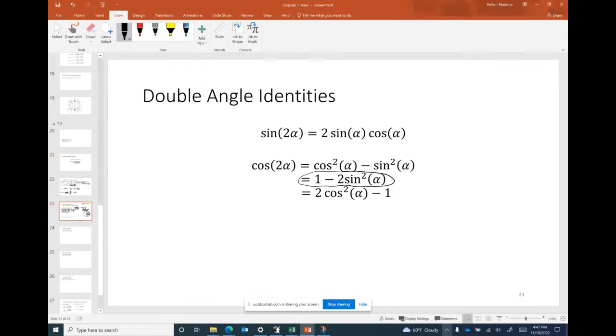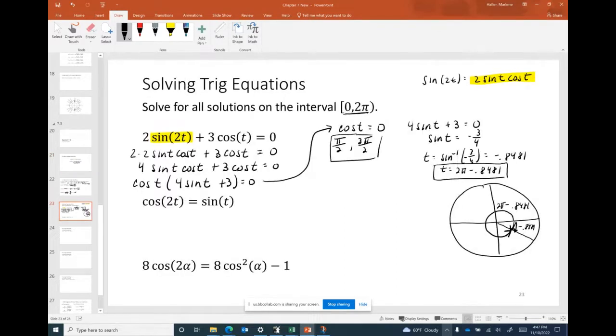So let's make that substitution. The cosine of 2t is equal to 1 minus 2 sine squared t. All right, we'll make that substitution.